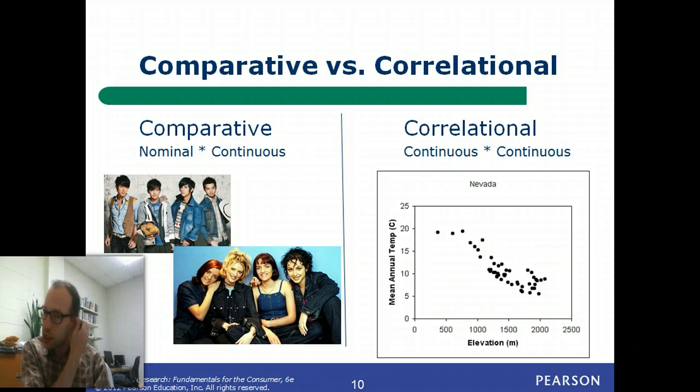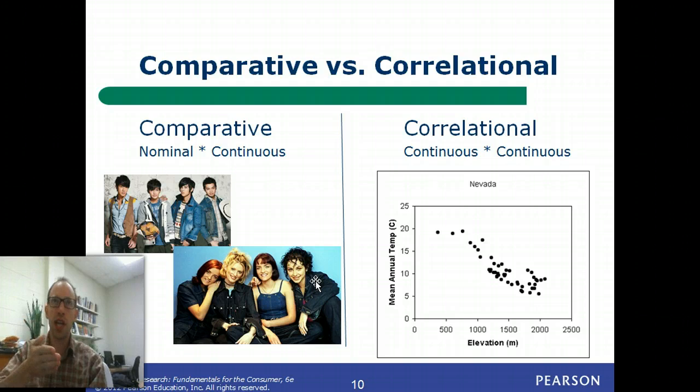Real quick, a simple diagram here showing the difference. Comparative, we have guys and girls. I think these are both singing groups, maybe. I just Googled them. I really don't know. But maybe we're going to look at their tone quality. Is there a difference between guy singers and girl singers?